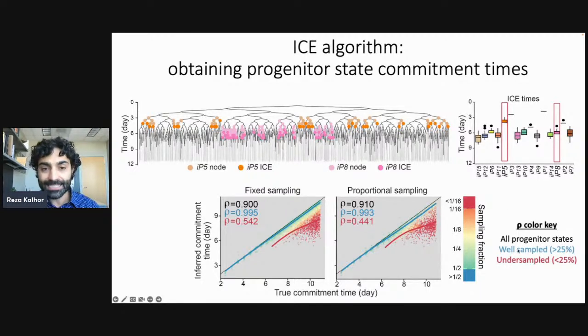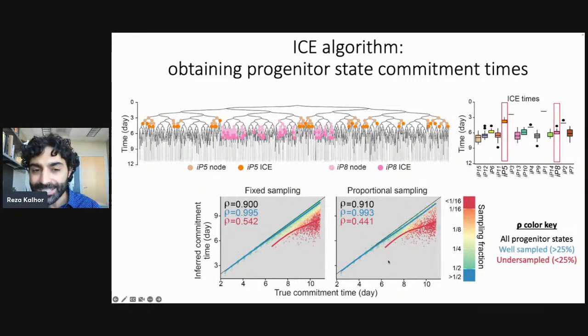If this progenitor state had 100 cells in simulation, how many of those cells ended up having representatives in the sequenced cells? 25% means that 25 out of the 100 cells ended up among our sequenced cells through their descendants. For progenitor states where a very small fraction of their cells had descendants in the sequenced cells, the estimates perform much worse, as you can see here.